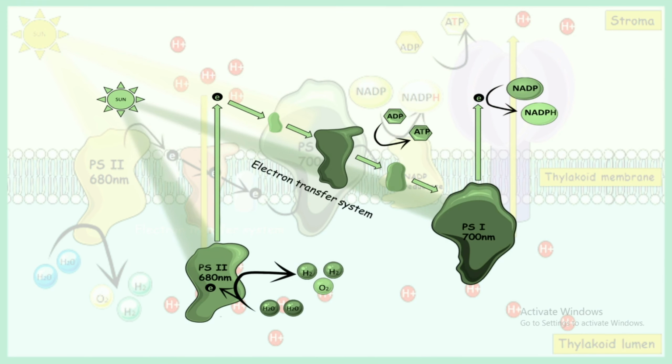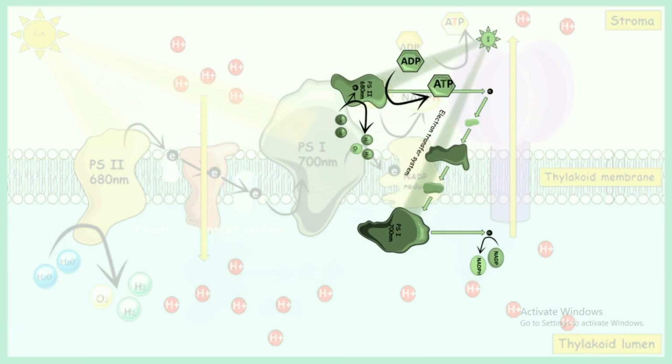Now the question that remained is why this non-cyclic photophosphorylation is known as the Z scheme. To answer that question, let's rotate this diagram 90 degrees.